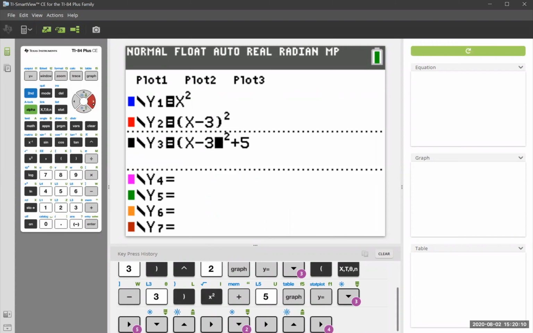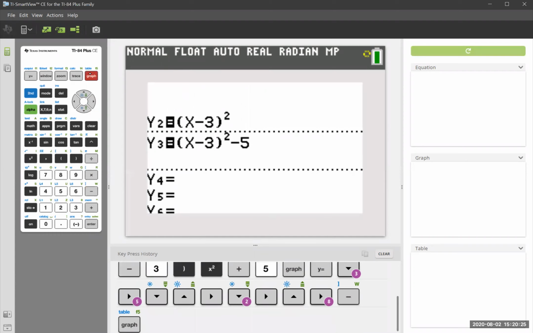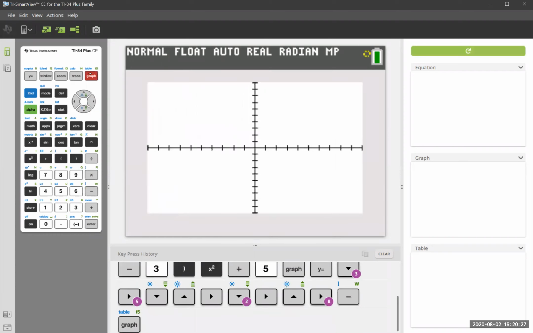If I let the cursor fall on top of the plus sign and write the minus sign, it will overwrite it. The minus 5 that we're looking at is happening outside of the function, or outside of those parentheses. So when I graph, let's see what happens.